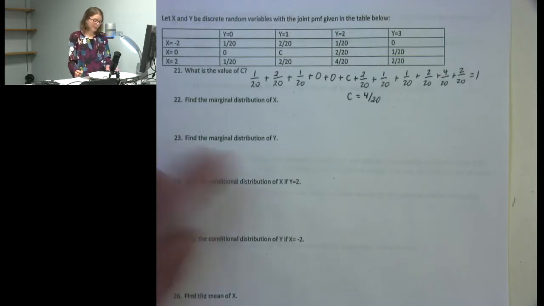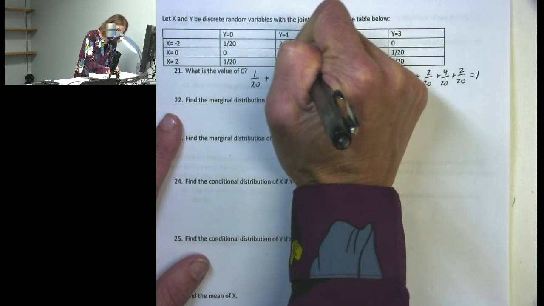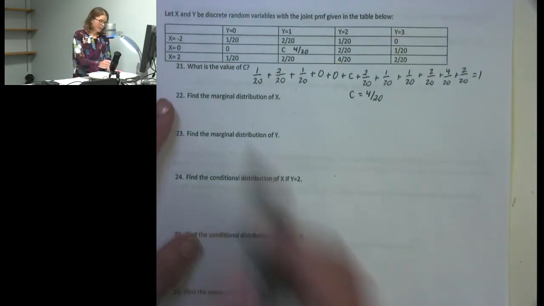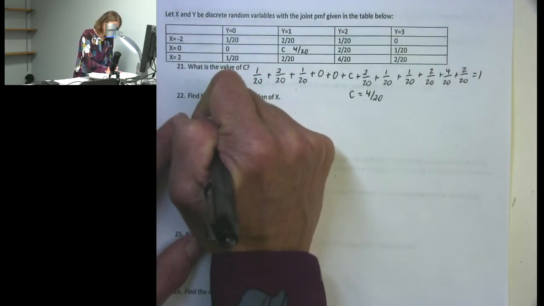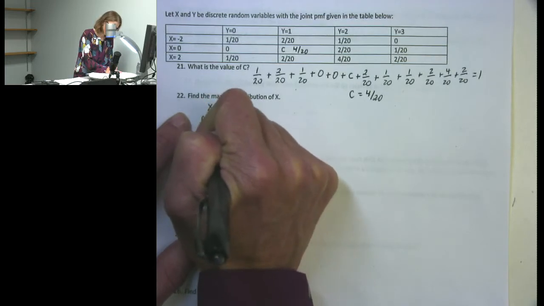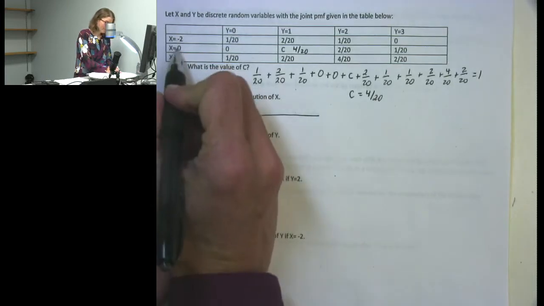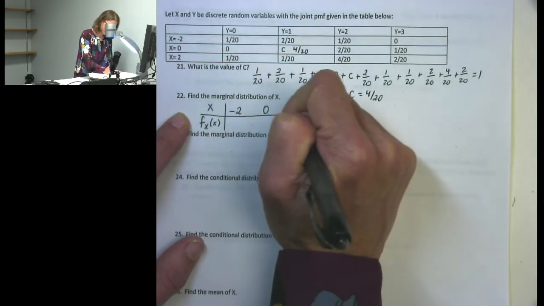Okay, so once we have c, and I'll just write it in here, it's 4/20ths, we're going to find the marginal distribution of x. So for each of the possible values of x, I'm going to find the probability that x takes on the value little x. So I know the possible values of x are -2, 0, and 2.